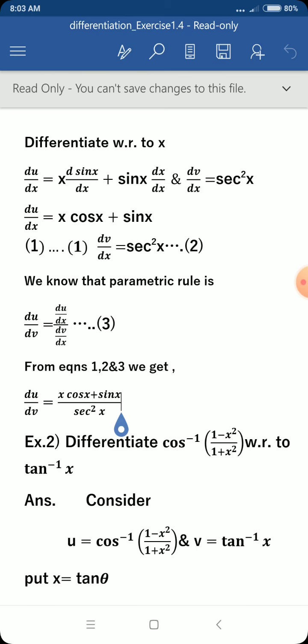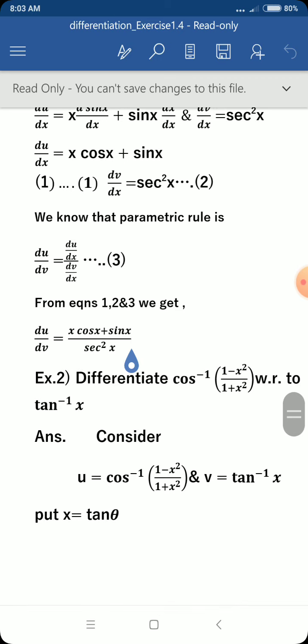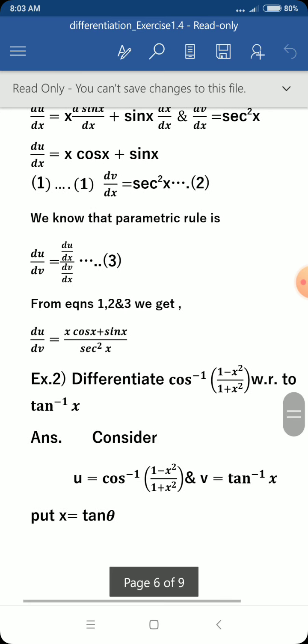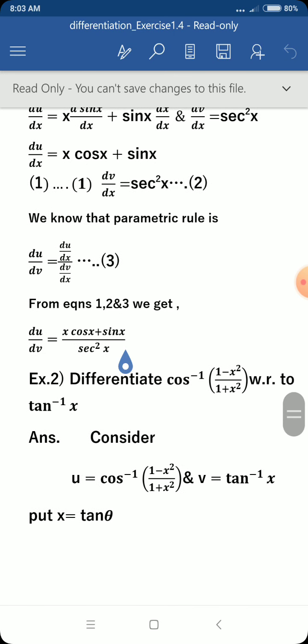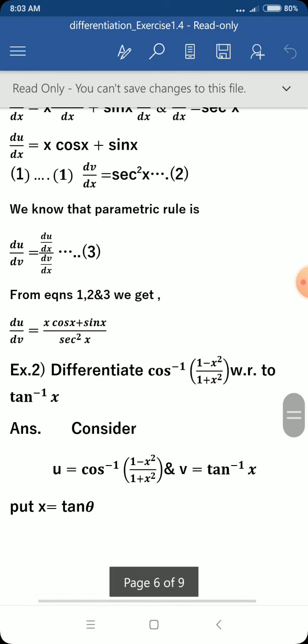Therefore, du upon dv equal to x cos x plus sin x upon sec square x. Therefore, the answer for this example is du upon dv equal to x cos x plus sin x upon sec square x.